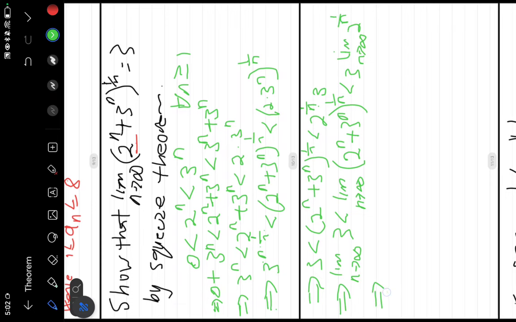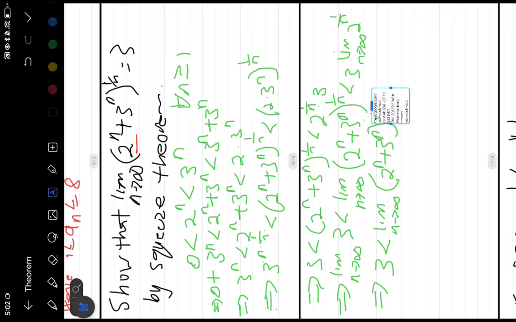And this side will be 3, you know the limit of a constant is that constant. And the middle is the limit as n approaches infinity of (2^n + 3^n)^(1/n).